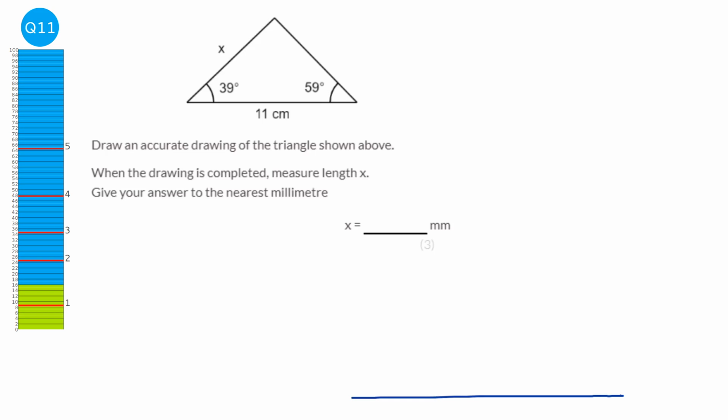And what I'm going to do is I'm going to put my protractor on this end here. And I'm going to just have a look at getting 39 degrees. Now you've got to be careful because 39 is on the inside, and I'm just going to do a dot.